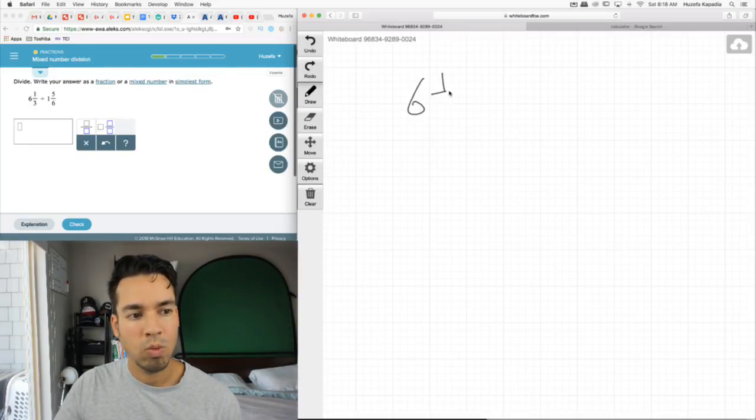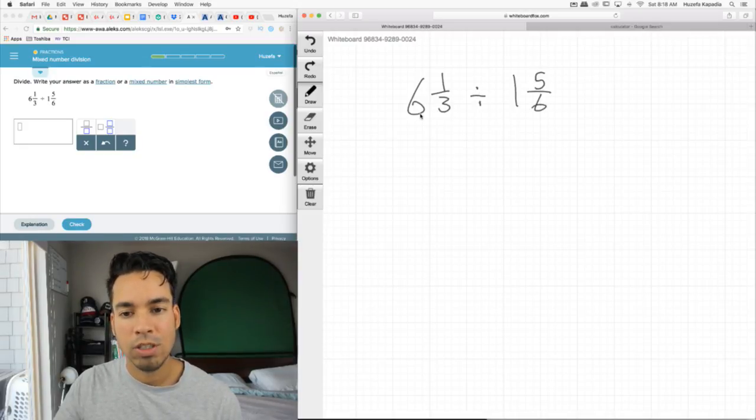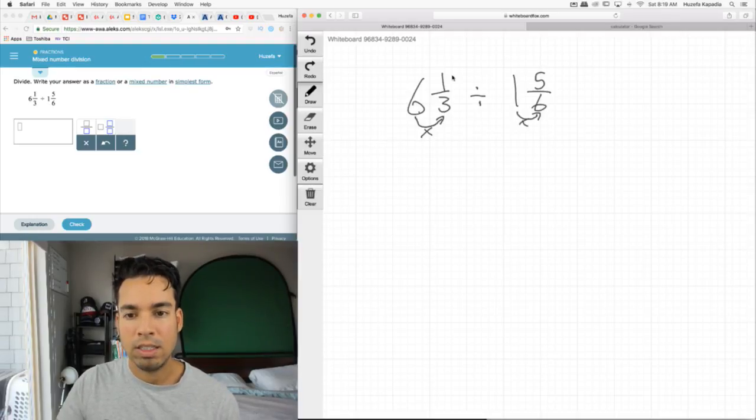6 1/3 divided by 1 5/6. So I'm going to convert both of these to improper fractions. So again, multiply the denominator and add that result to the numerator. 6 times 3 is 18. 18 plus 1 is 19, so we got 19/3 divided by 1 times 6 is 6 plus 5 is 11.